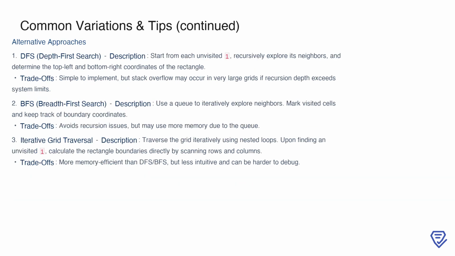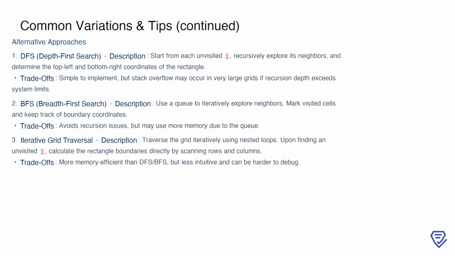There are several approaches you can use to solve this problem. Depth-first search, or DFS, involves starting from an unvisited one and recursively exploring its neighbors to determine the boundaries of the rectangle. While simple to implement, DFS can lead to stack overflow in very large grids due to recursion depth limits. Breadth-first search, or BFS, avoids recursion by using a queue to explore neighbors iteratively.